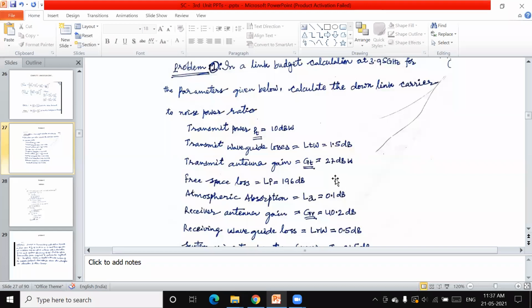Then you are going to get the C by N, the C by N for the downlink. Clear?